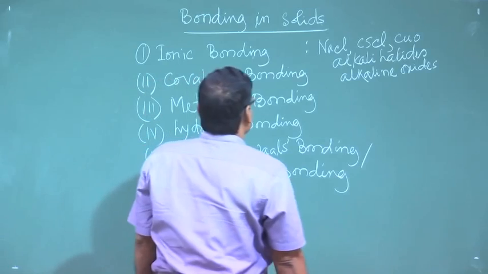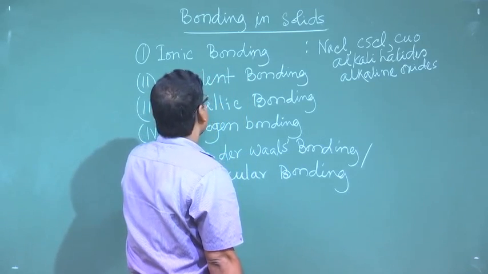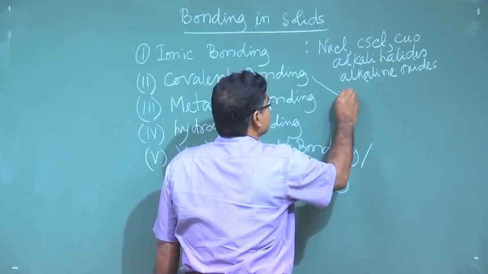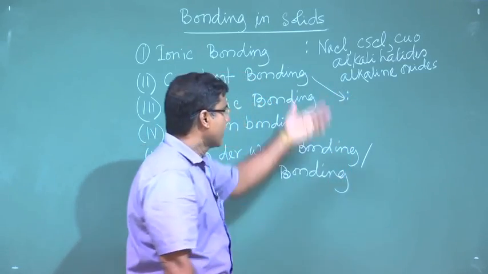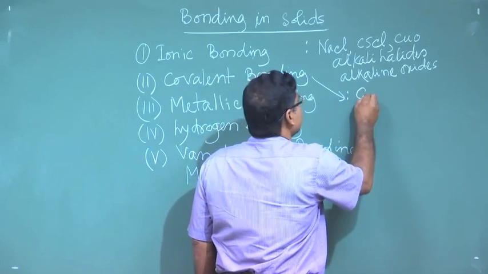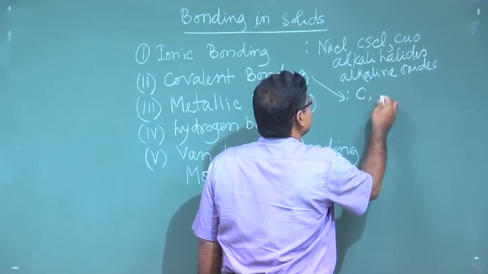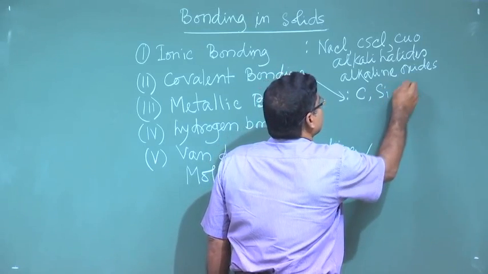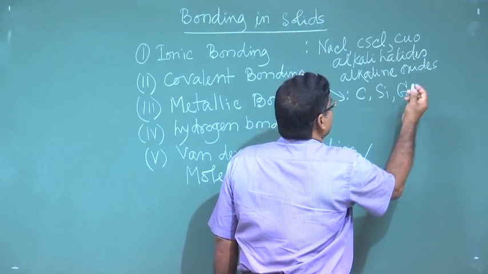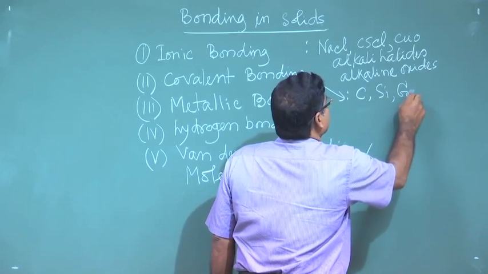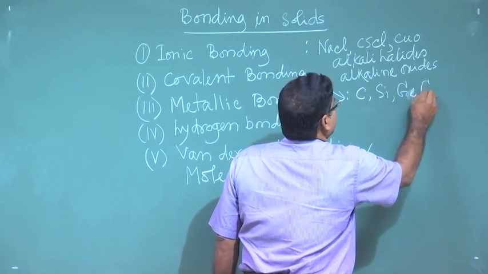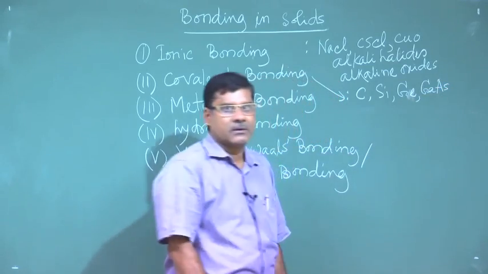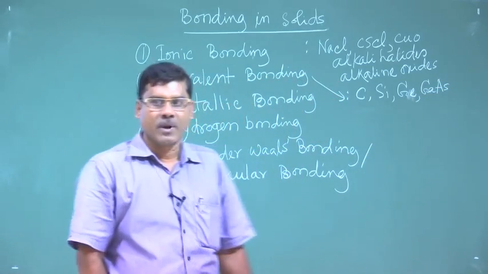And covalent bonding, where do we find covalent bonding? You can see this in diamond, carbon basically in diamond form, silicon, germanium, gallium arsenide. In these materials we see covalent bonding.